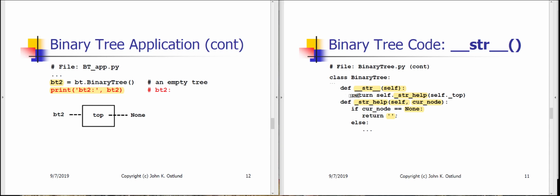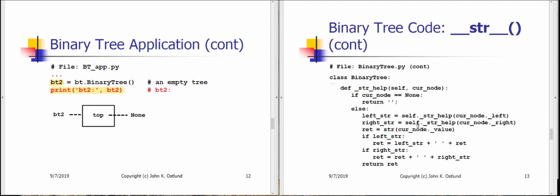That will invoke the __str__ method on the object bt2, which is simply going to end up returning an empty string. So when I call this print function, all I get out is bt2:, space, and then an empty string. So bt2 is empty.